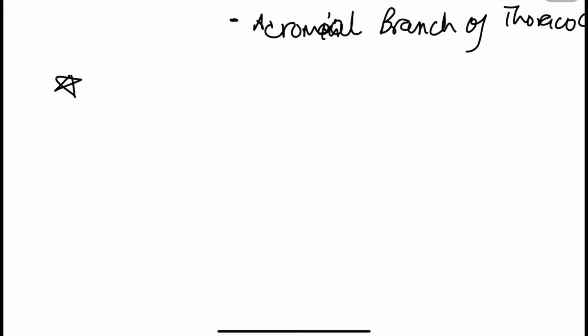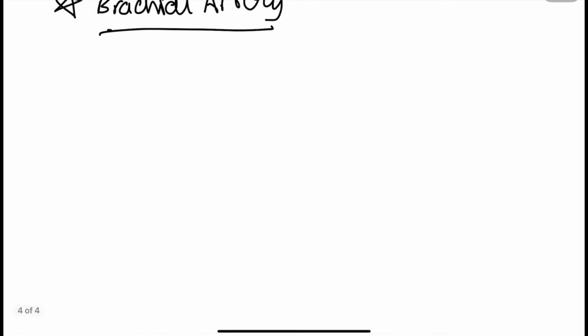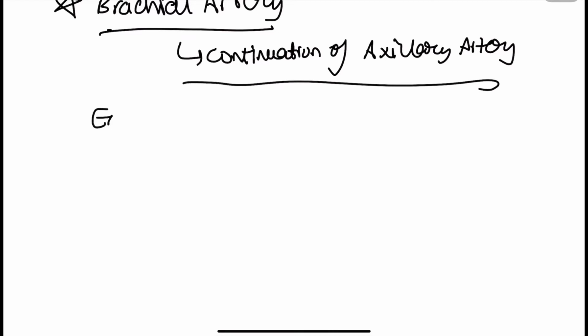Okay, so now axillary artery is done and we are talking about the brachial artery. It is important to know here that brachial artery is the continuation of axillary artery. From where? Remember I told you about the extent of axillary artery.